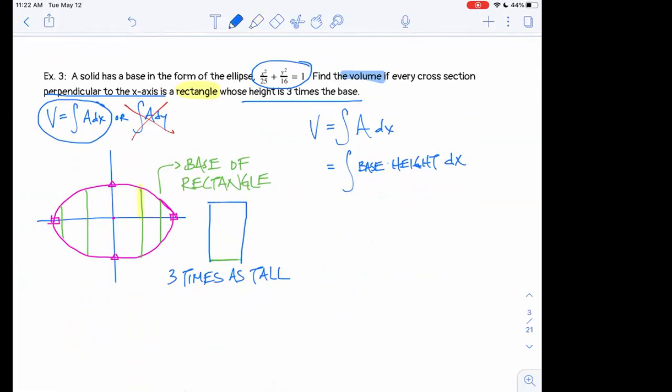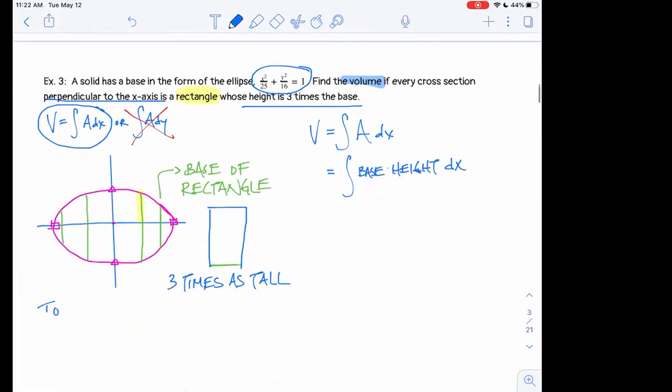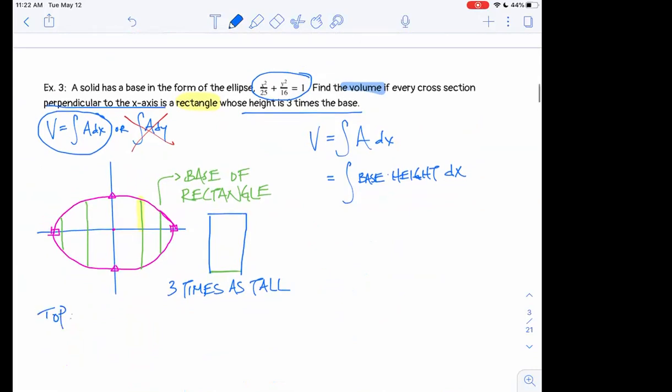So to find half of the base, all right, what's the top curve? The ellipse equation.